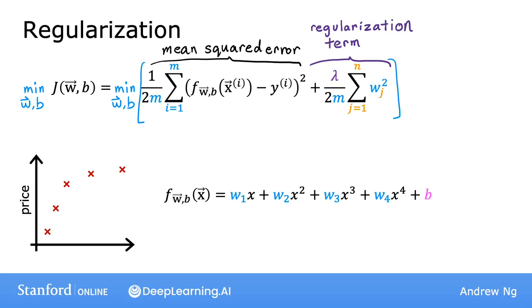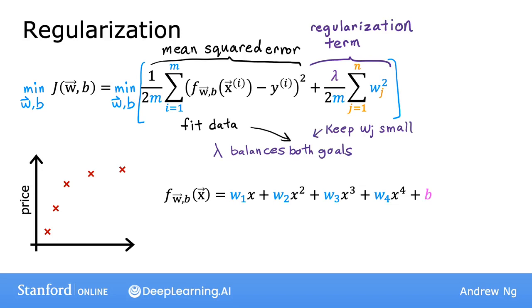Trying to minimize the first term encourages the algorithm to fit the training data well by minimizing the squared differences of the predictions and the actual values. And by trying to minimize the second term, the algorithm also tries to keep the parameters wj small, which will tend to reduce overfitting. The value of lambda that you choose specifies the relative importance, or the relative trade-off, or how you balance between these two goals.